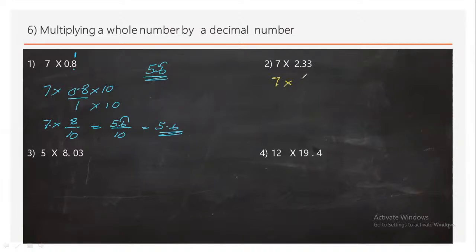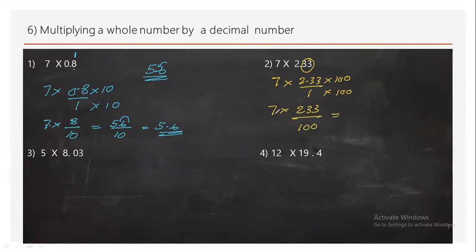7 into 2.33. There you can see two decimal places here. So at the denominator there should be 2 zeros. To remove these two decimal places, multiply by 100. Below the line also by 100. 7 into 233 over 100.